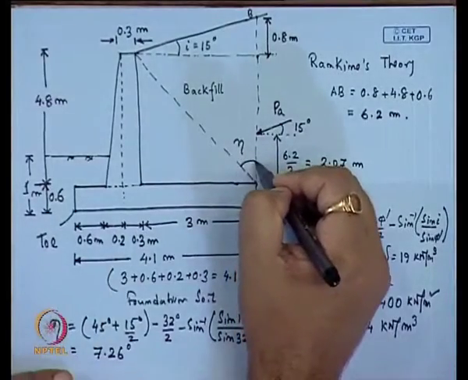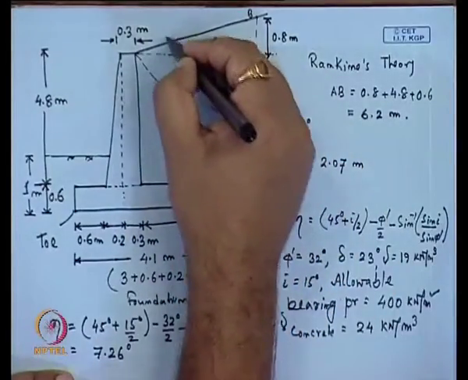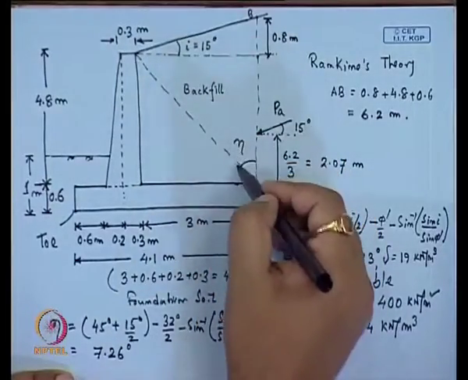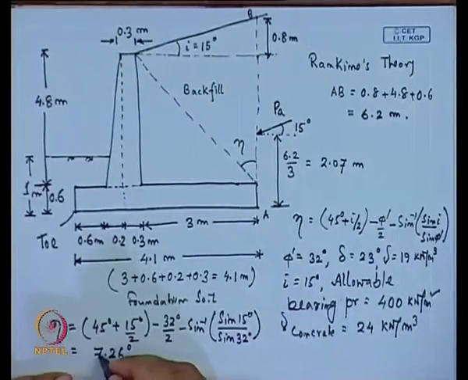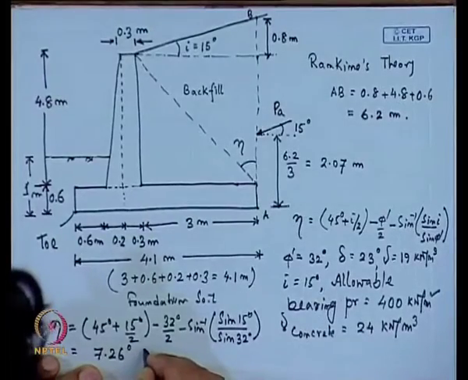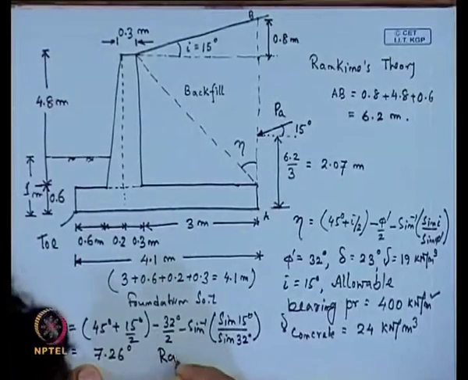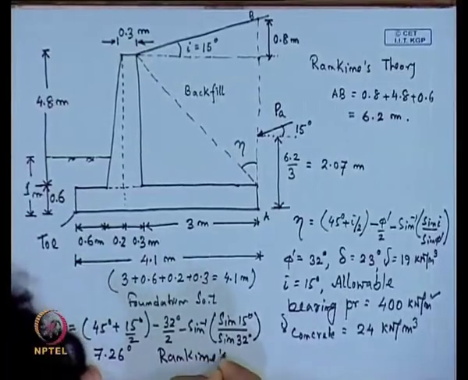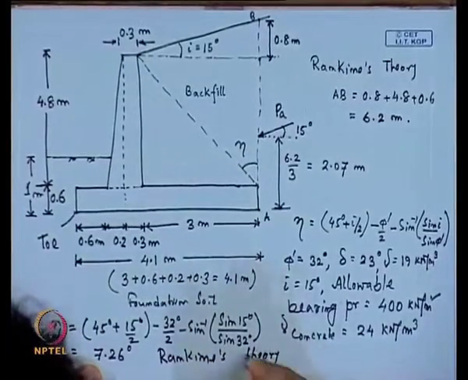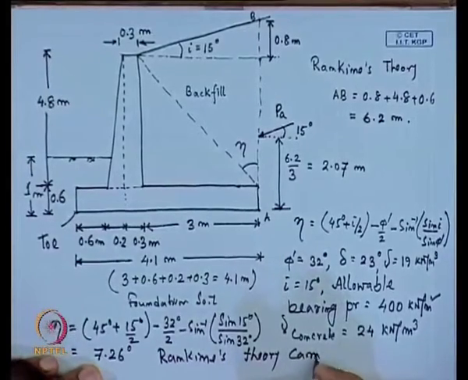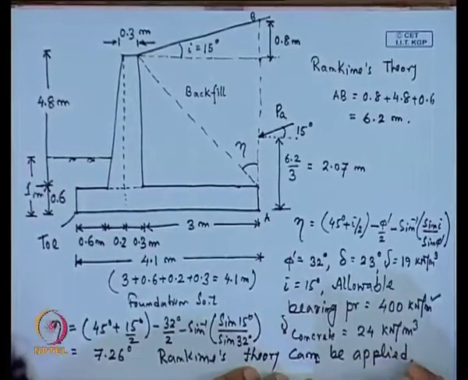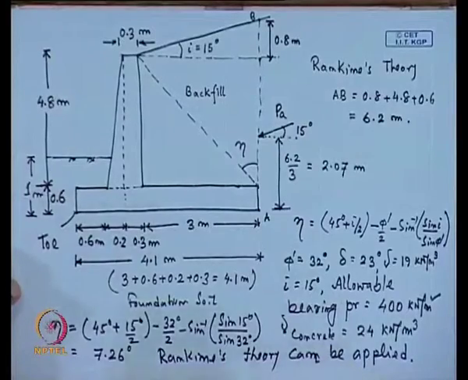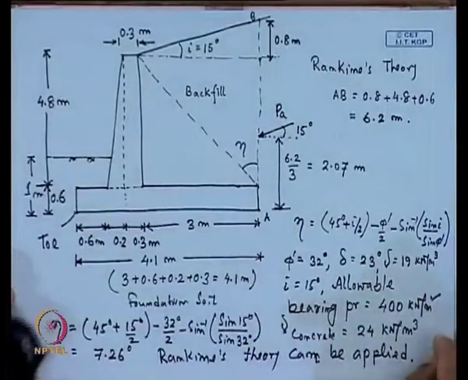If this value is 7.26 degrees, this line will pass through the backfill soil, it will not pass through the vertical stem of the retaining wall. As this angle is very small, we can consider that Rankine's theory can be applied. So, this is the first check we have done, that we can use the Rankine theory. Now, we will proceed to the other sections.